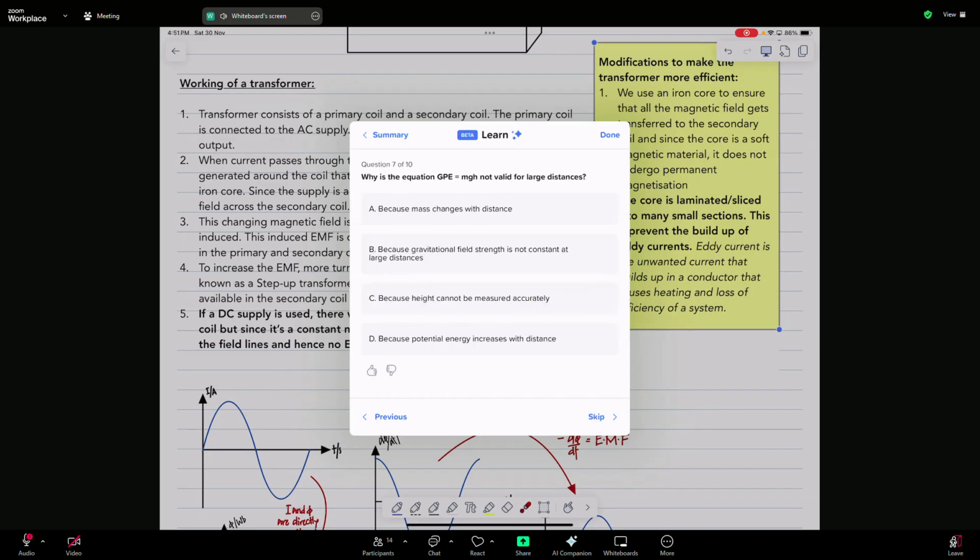Why is the equation Gp equals mgh not valid for large distances? Yeah, right. What is specific heat capacity? It is the energy needed to raise the temperature of 1 kg substance by 1 degree Celsius or 1 Kelvin, right?